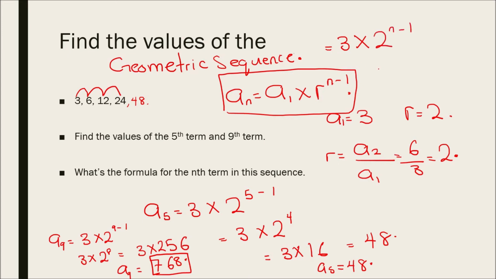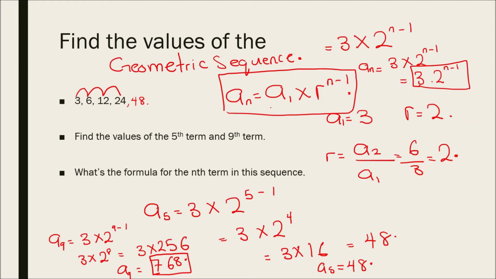So the equation for an in this sequence is simply 3 times 2 to the power n minus 1, or you can put a dot showing multiplication, 3 dot 2 to the power n minus 1. Okay, so this is the formula for this sequence.